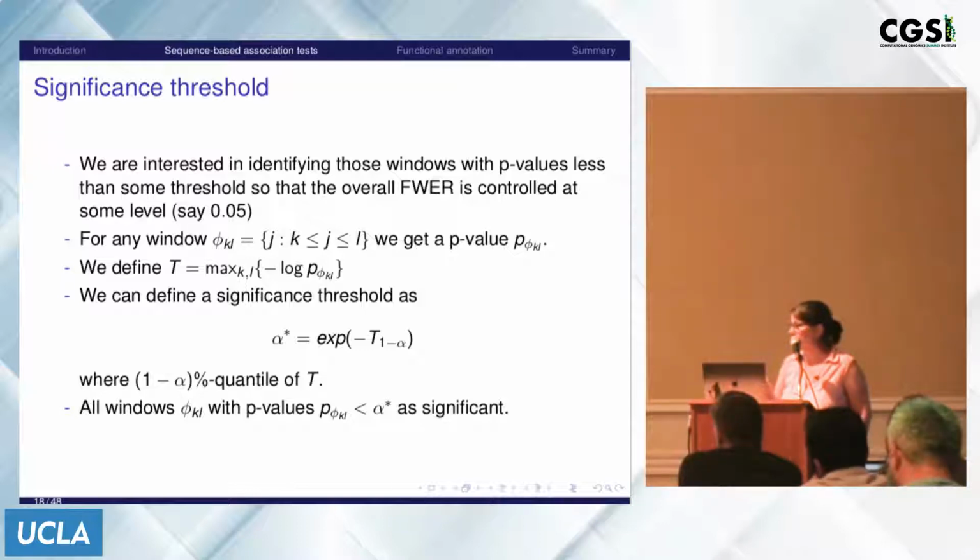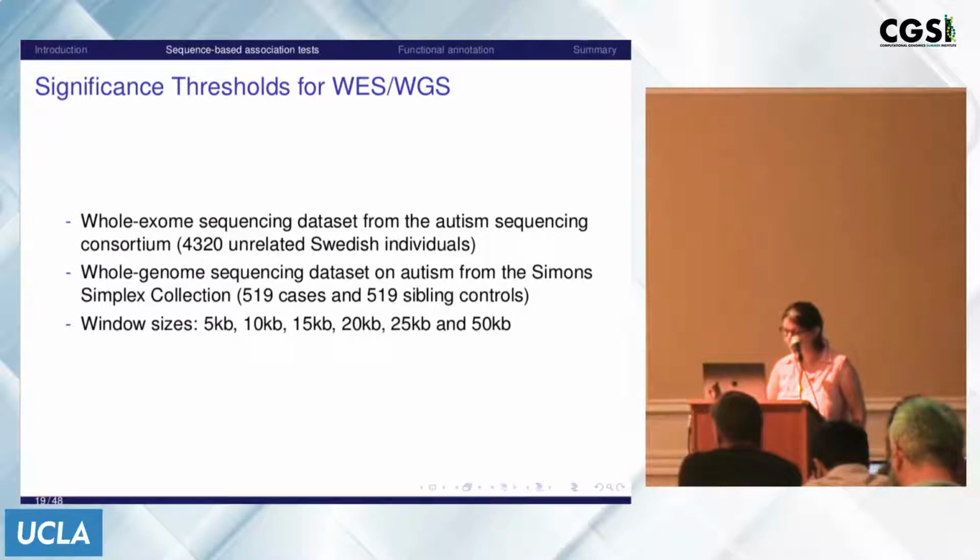Once we have this threshold, all windows that have a p-value less than this threshold are significant.